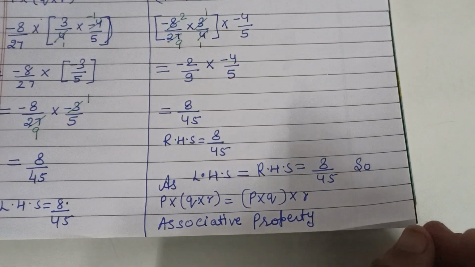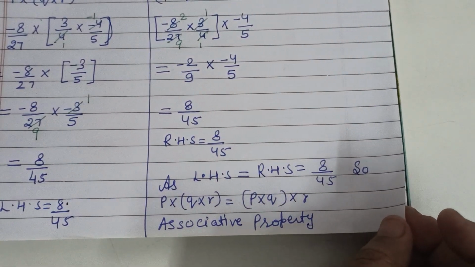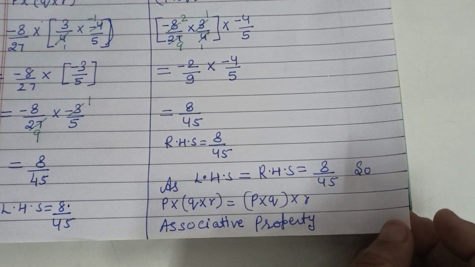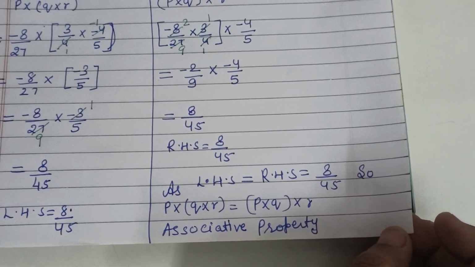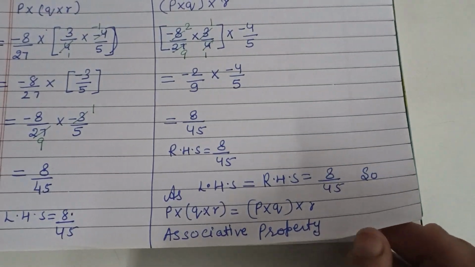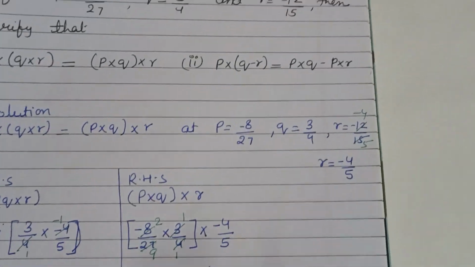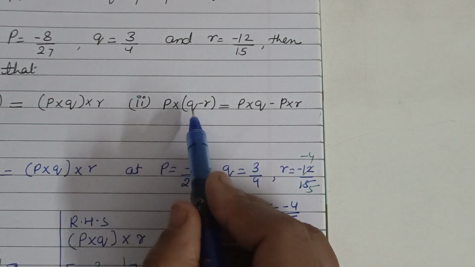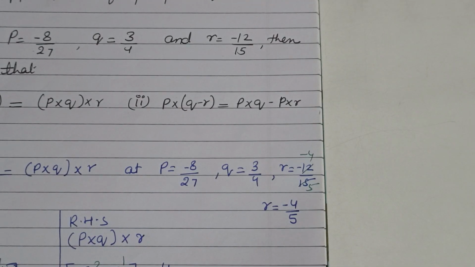I am again and again repeating the same concept. The reason is that when you repeat the practice and do the practice, only then does the concept start developing in your mind. Now we are going to solve the second part, that is p multiplied by bracket q minus r. So let us do that part.